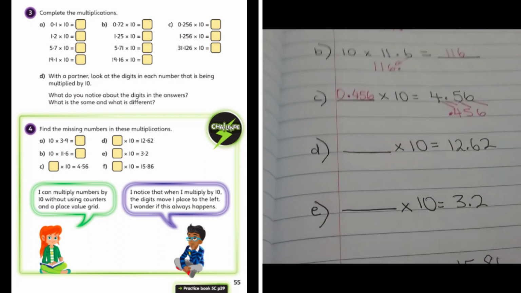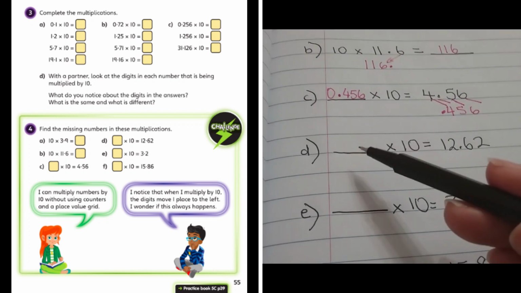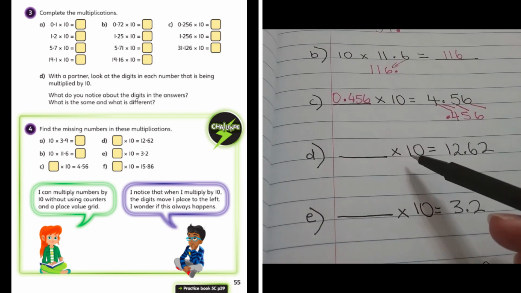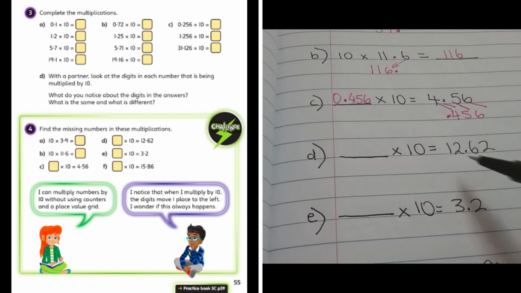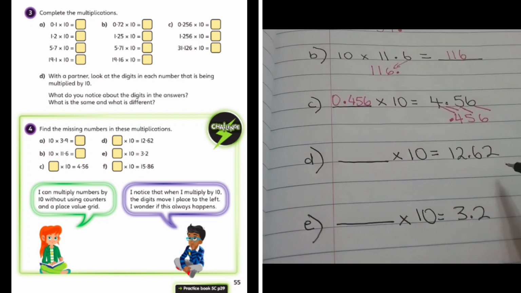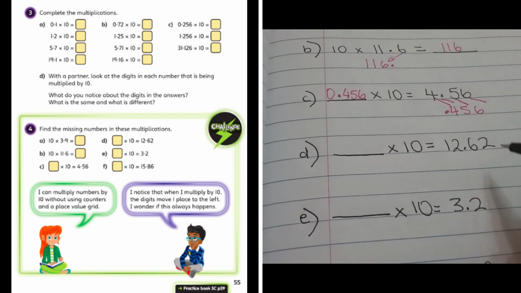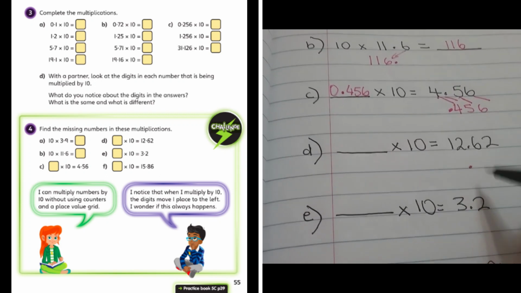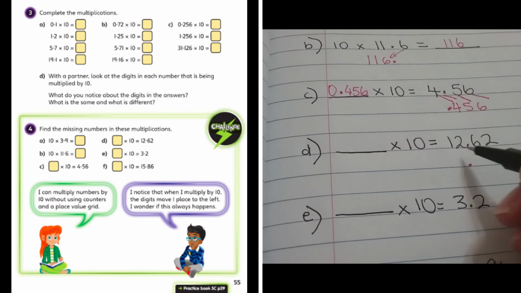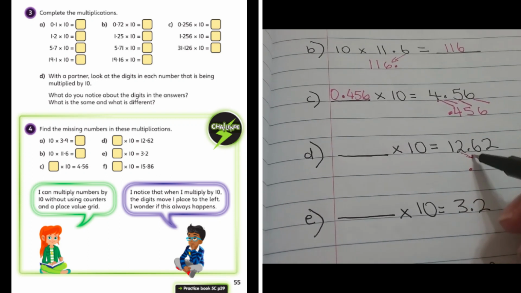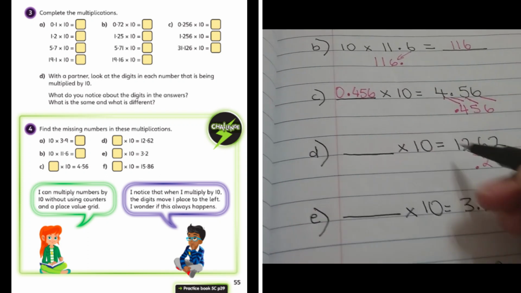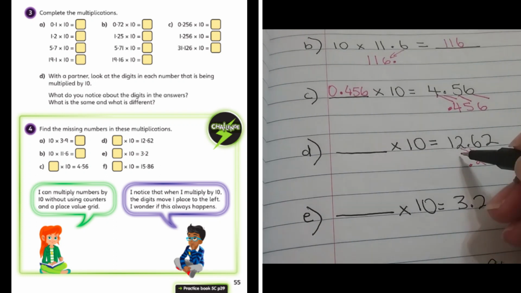Let's try that with the next one because it's the same type of problem. Our first number is missing. We multiplied it by 10 and got this. So I'm going to divide it by 10 to see where I started. Decimal point stays in the same spot, but now we're moving everybody back one space. So the 2 goes behind the decimal point. And since everything else stays in the same order, I'm just going to stick them all back.